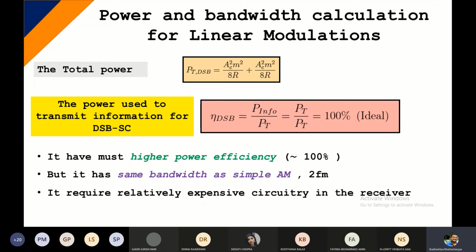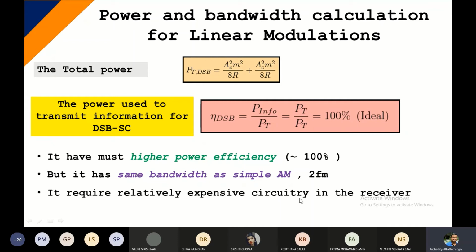So P info is nothing but PT by PT, and around 100% efficiency can be obtained. So it's a higher power efficient system. Similarly, it has a bandwidth of 2FM, which is the same as AM. So there is not much of an improvement in terms of bandwidth requirement.